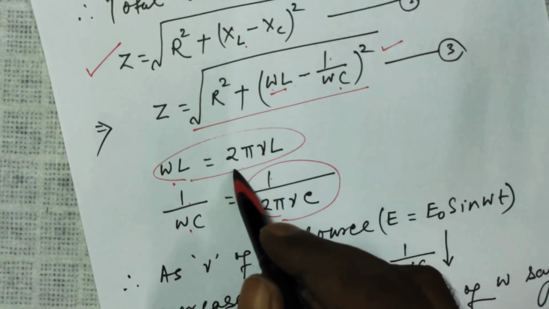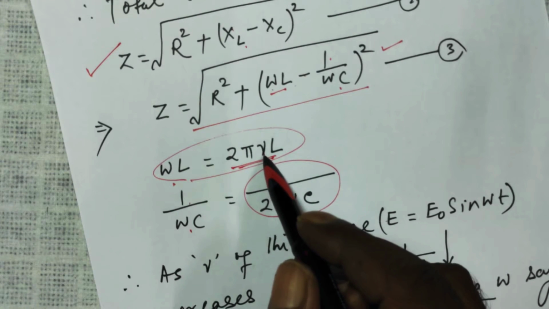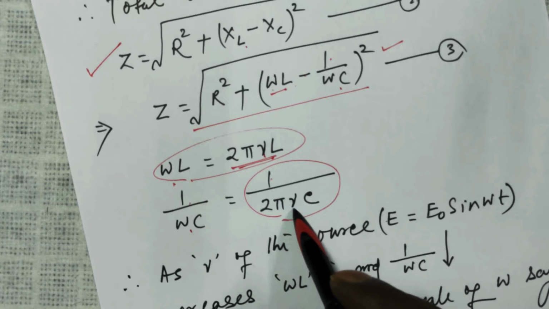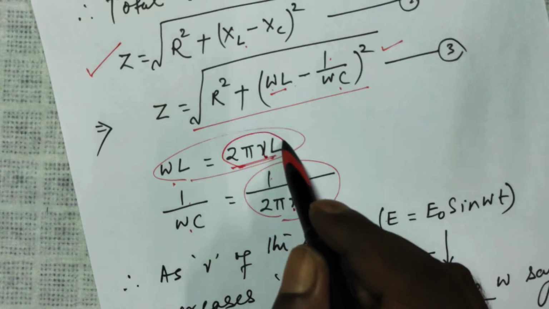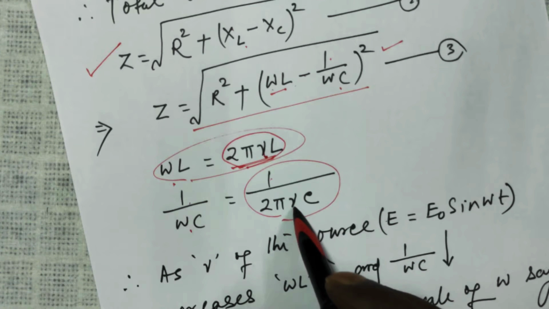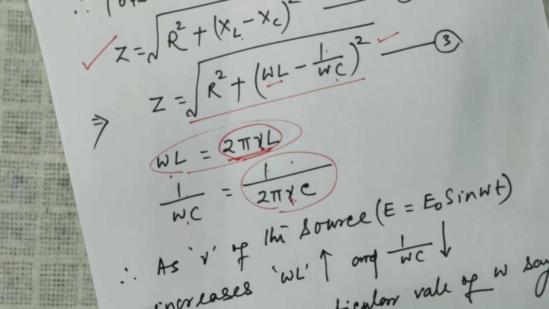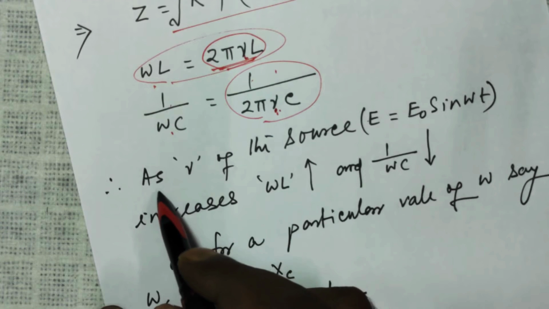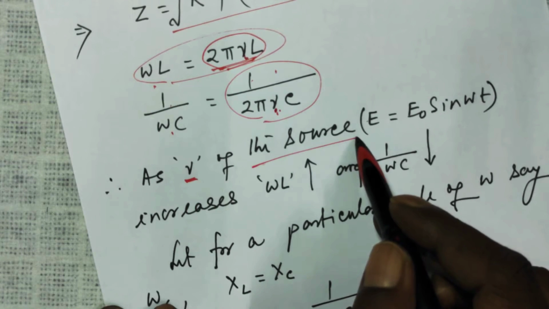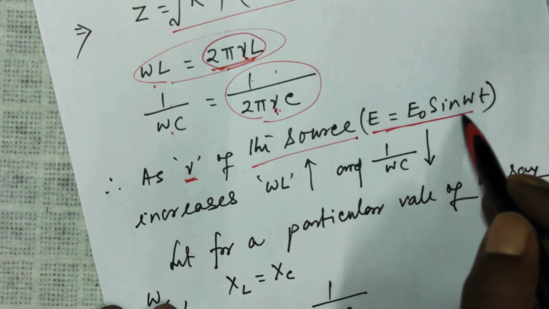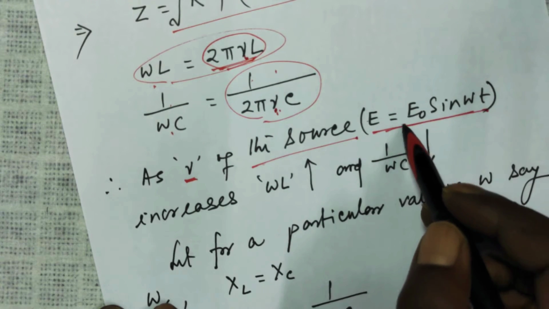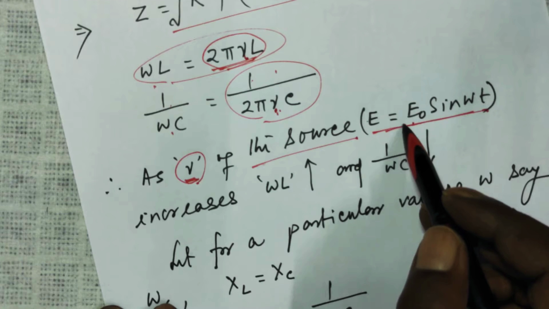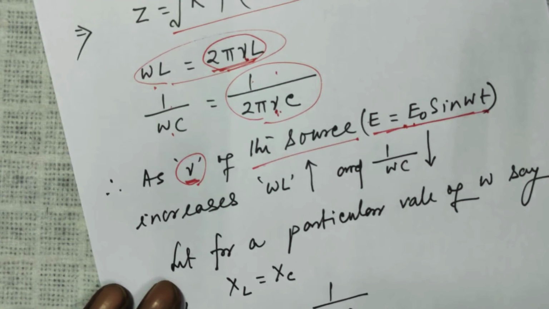Look, nu here is in the numerator, and here nu is in the denominator. This is a fraction. So as the frequency of the alternating EMF that we are applying to the RLC circuit increases, what will happen?